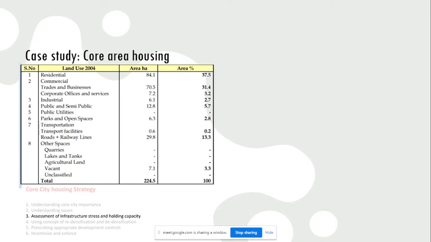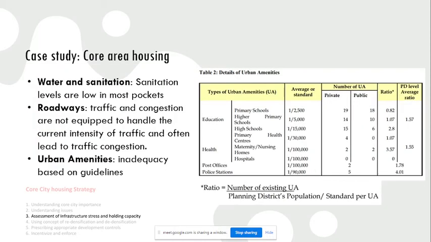For the core area housing, to assess the infrastructure stress and holding capacity, initially they discussed the land use mix. Predominantly it is residential and commercial, almost 37.5% residential activity and almost 32% commercial activity. There have been issues with water and sanitation: inadequate water supply, and sanitation levels are usually low in different pockets of the neighborhood.